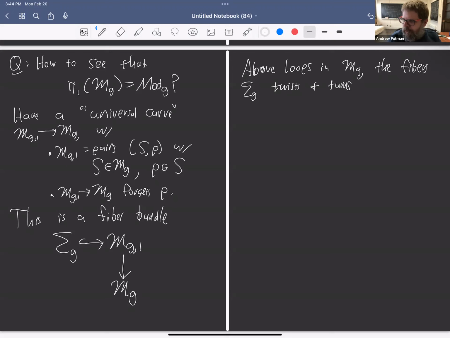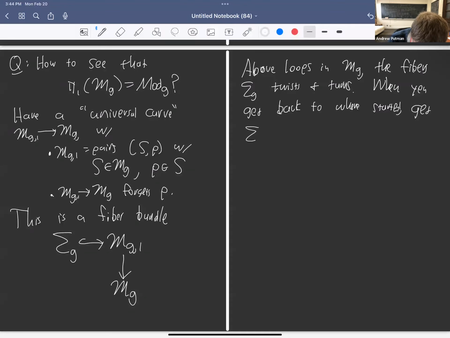And when you come back to where you started, you have some diffeomorphism of the surface. Thus, the return map, when you get back to where you started, gives us some map from the original fiber to sigma g, which is well defined up to homotopy.